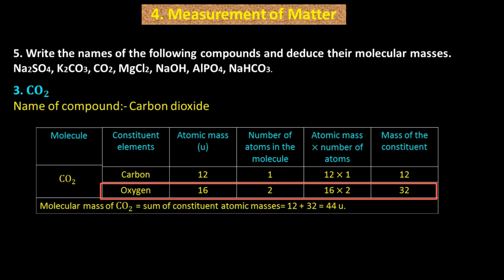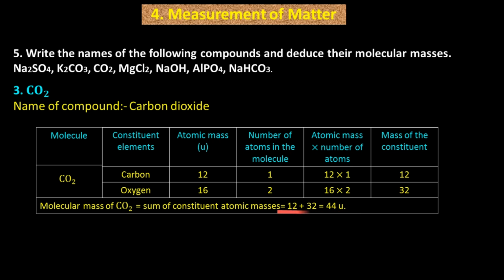Number of atoms in this compound are 2. Therefore, 16 multiplied by 2 is equal to 32. Therefore, molecular mass of CO2 is equal to sum of the constituent atomic masses, 12 plus 32 is equal to 44 U. Therefore, molecular mass of CO2 is 44 Dalton.